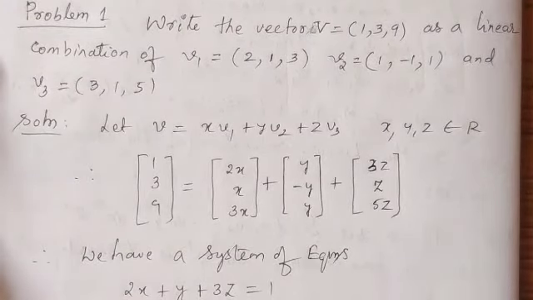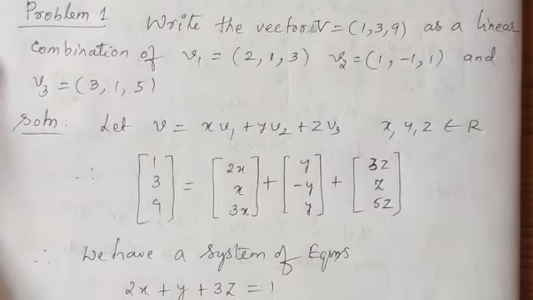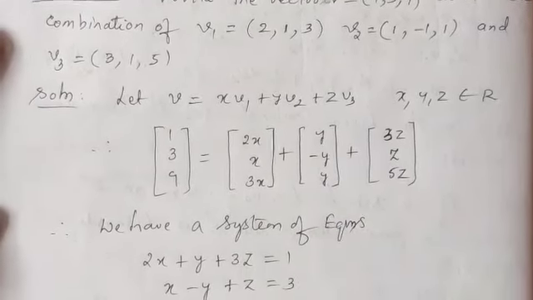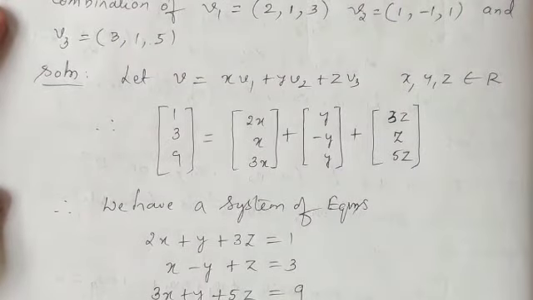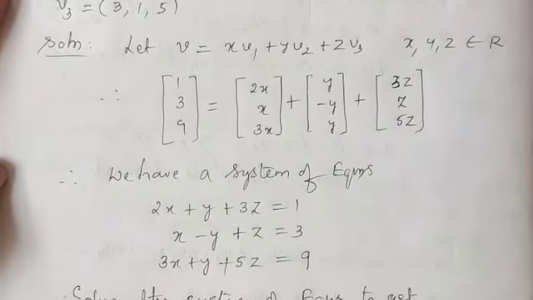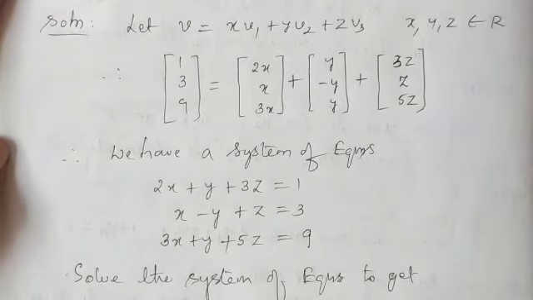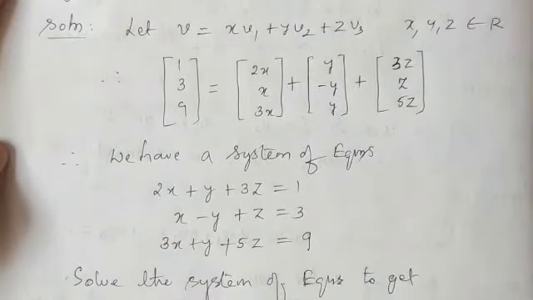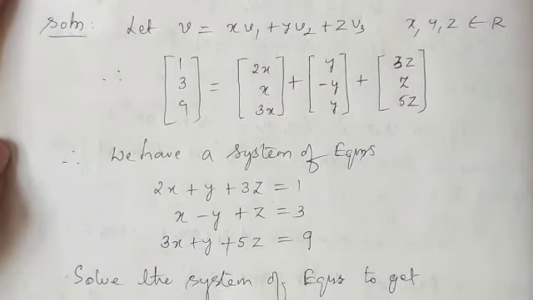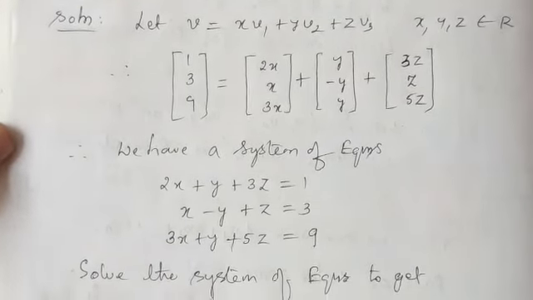In place of alpha 1, alpha 2, alpha 3, I took the unknowns x, y, z, so that we have a system of equations, which we have studied earlier. The system of equations is 2x plus y plus 3z is equal to 1, x minus y plus z is equal to 3, 3x plus y plus 5z is equal to 9. We can solve this system of equations using a calculator.